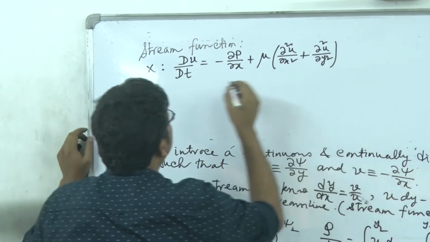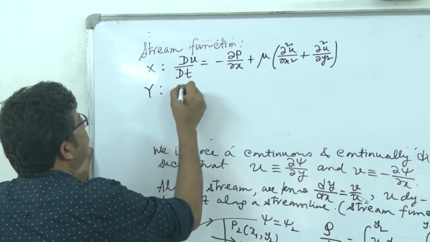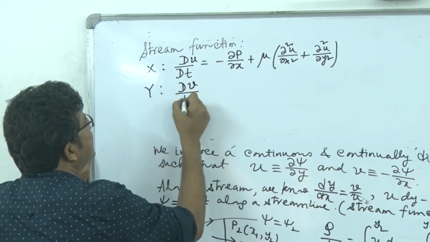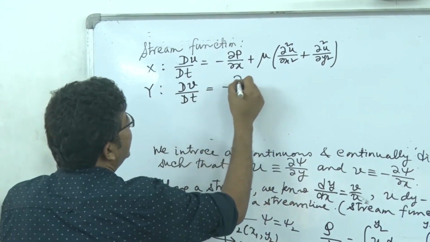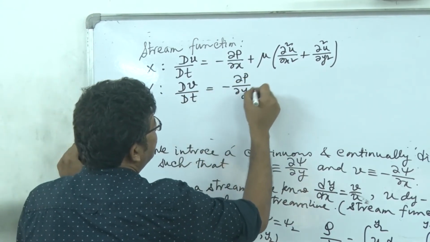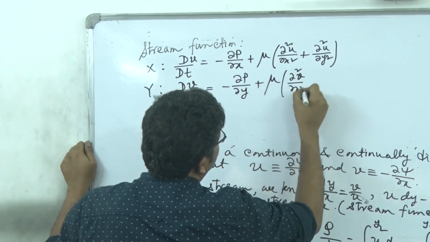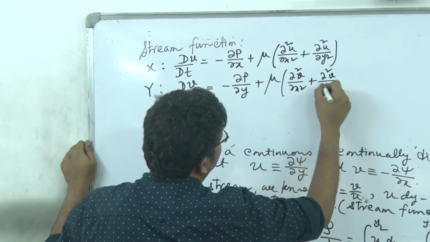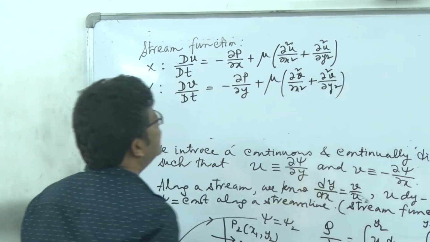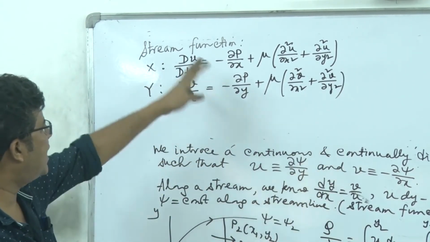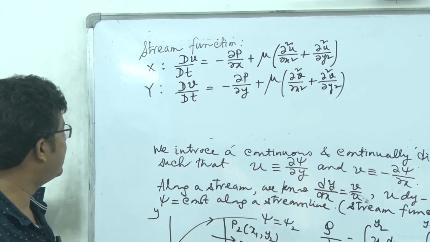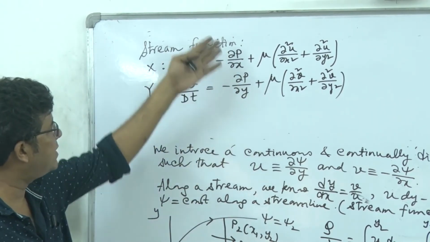Fine. And the y directional one is ∂v/∂t equals minus ∂p/∂y plus μ (∂²v/∂x² plus ∂²v/∂y²).